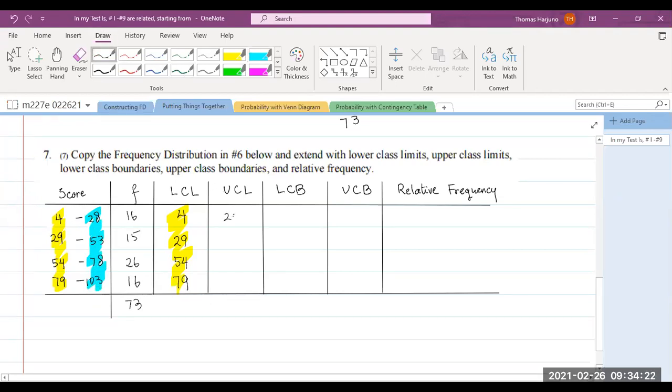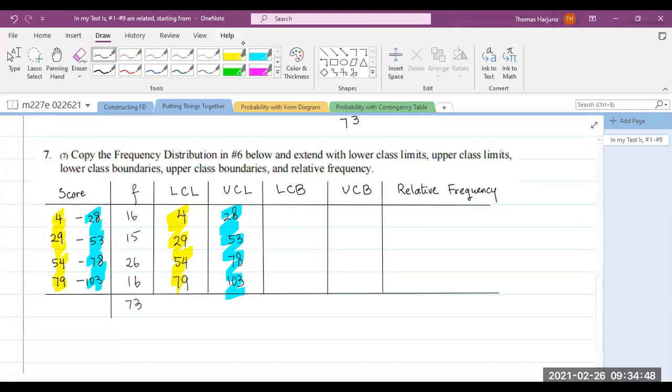That will be 28, 53, 78, 103. Now, how about the class boundaries?